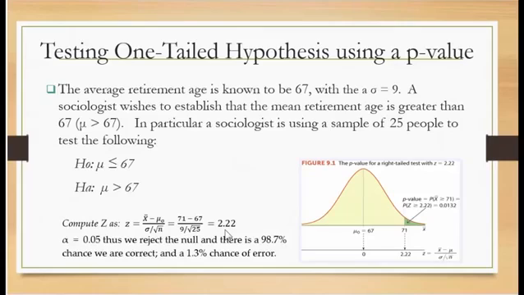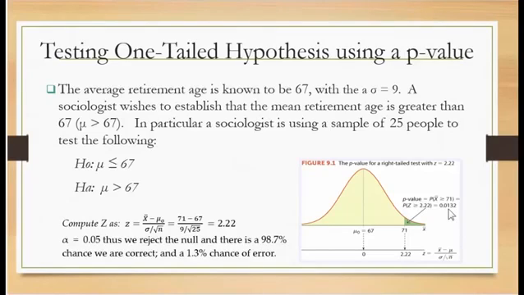So remember back from just a basic z-chart interpretation, we are talking about a value that's 2.22 standard deviations away from the mean. So the p-value on that, of course, is quite small, about 98.7, and so then that means that the actual chances of it occurring are about 1.3% chance of error.